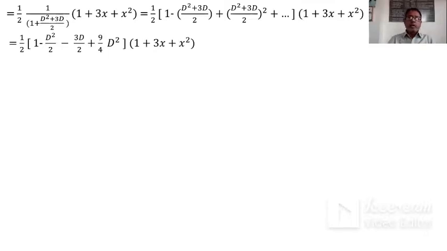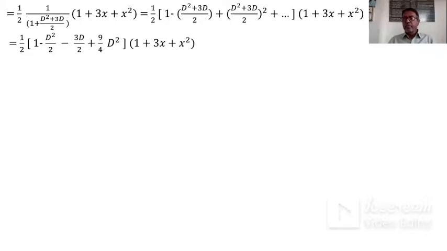1 half, 1 minus d square upon 2 minus 3d upon 2. Now here if we take the first term, d to the power 4, fourth derivative is 0. We neglect that term. The multiplication of these two terms and its double comes to be 3d cube and its double is 6d cube, means third derivative is 0.